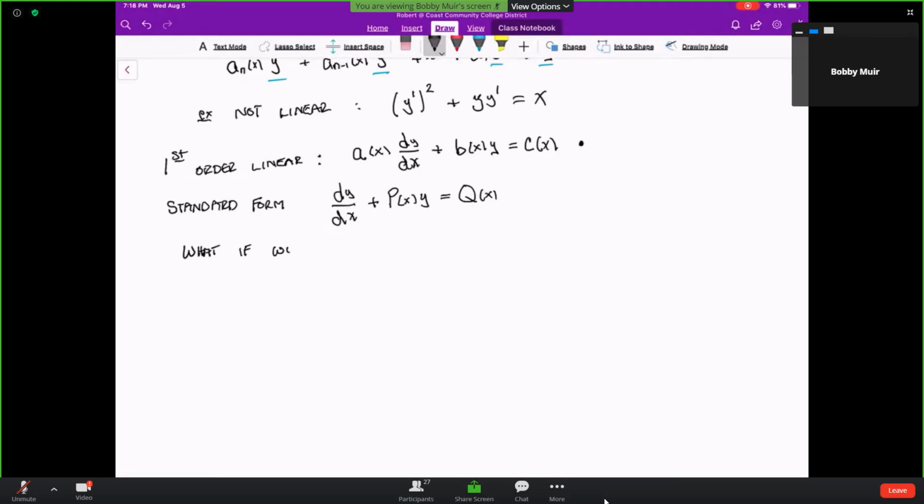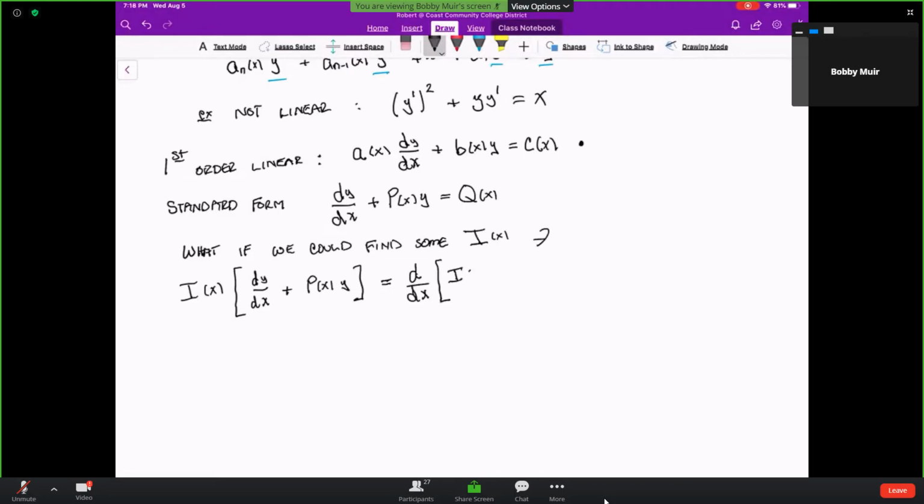What if we could find some function I of x that has this amazing property that if we take I of x and we multiply it by dy dx plus p of x times y, it would collapse into the derivative with respect to x of I of x times this y.